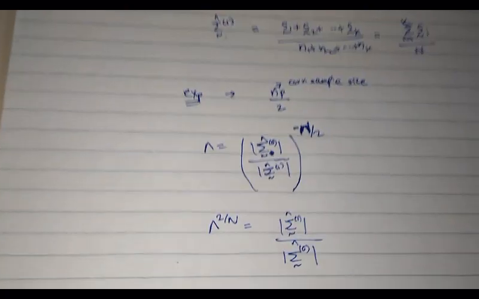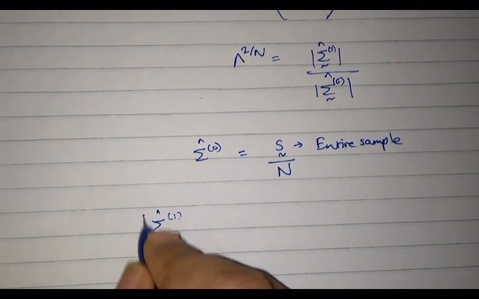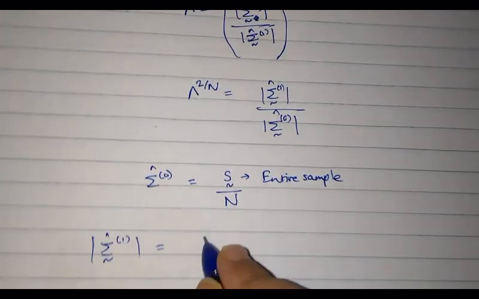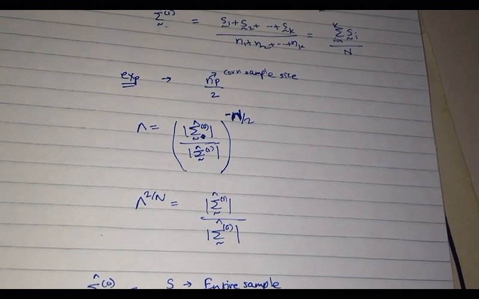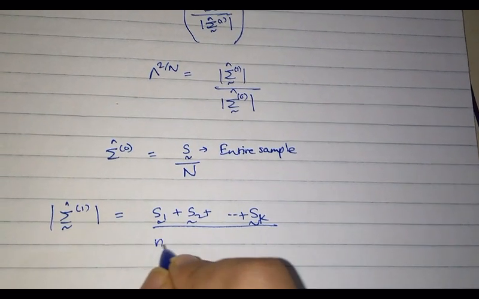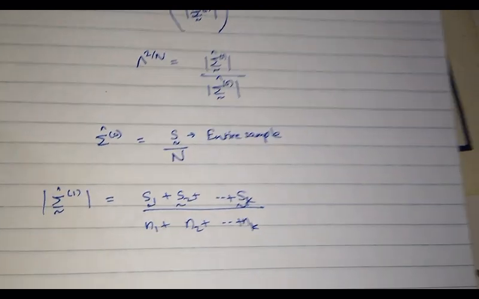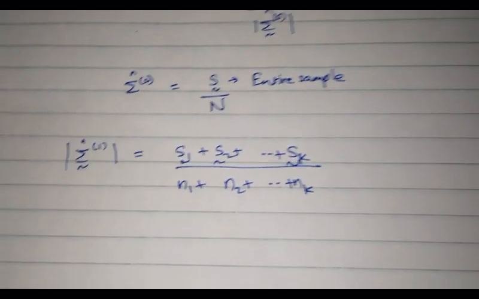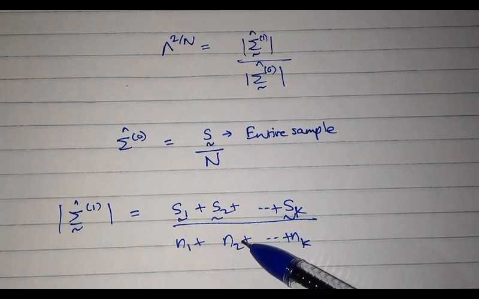So let me try to rearrange things. Sigma 1 hat we know is S1 plus S2 plus up to SK, all these are matrices, divided by N1 plus N2 plus up to NK. Okay, this we know. Can I try to find some relationship between this and this?